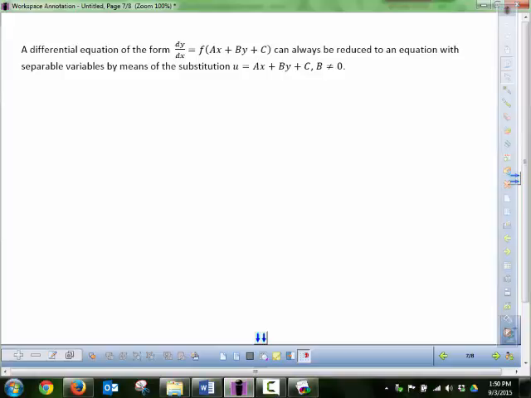And if a and c were equal to 0, then this is just a what do you call it? What's that called? When you just have dy dx is something with just a y in it, there are no x's? Autonomous? Remember that?